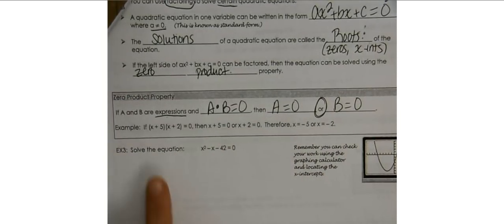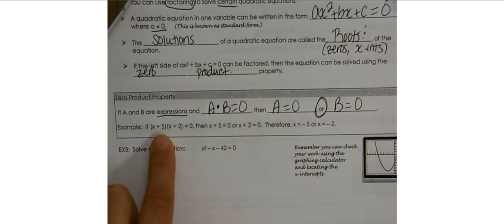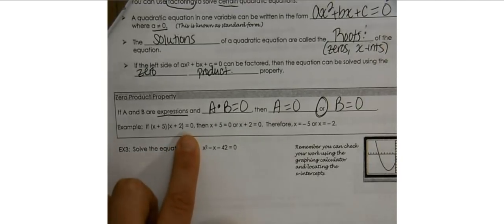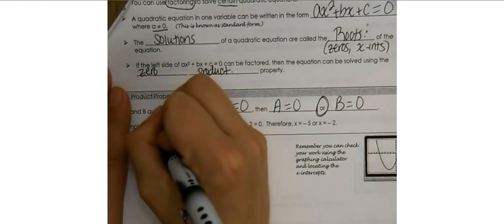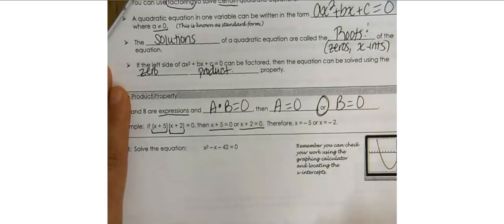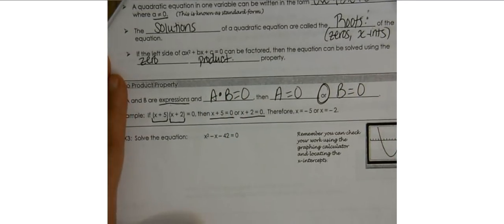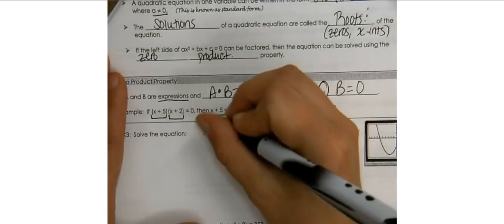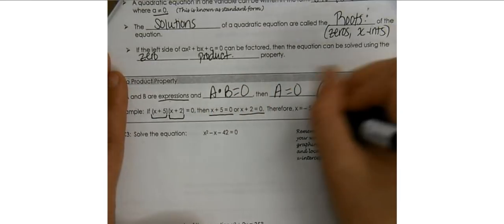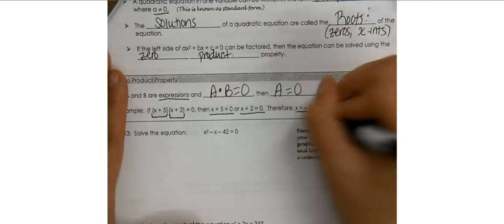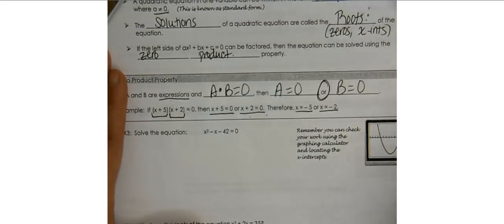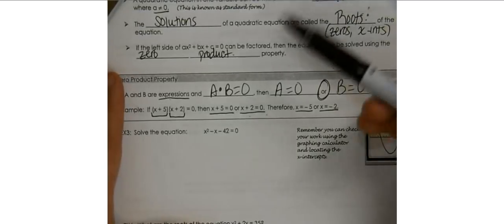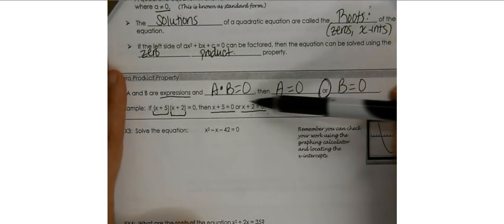So in this problem, we have x plus 5 times x plus 2 equals 0. In order to solve this equation in factored form, you're going to set each parenthesis equal to 0. So we have x plus 5 equals 0 and x plus 2 equals 0. Then when you subtract 5 on both sides and get x alone, you'll end up with x equals negative 5. And when you subtract 2 on both sides, you'll end up with x equals negative 2. You do not need to show me the setup of the two equations.